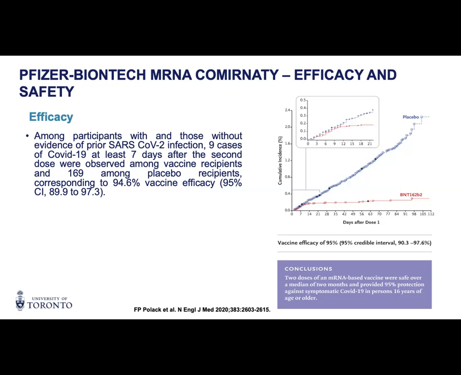Between the first dose and the second dose, 39 cases in the Comirnaty group and 82 cases in the placebo group were observed, resulting in a vaccine efficacy of 52% during the interval between the first and second dose, indicating that there is early protection by the vaccine starting as soon as 12 days after the first dose. And supplemental analysis also indicated that vaccine efficacy among subgroups defined by age, sex, race, ethnicity, obesity, and presence of coexisting conditions was generally consistent with that observed in the overall population.